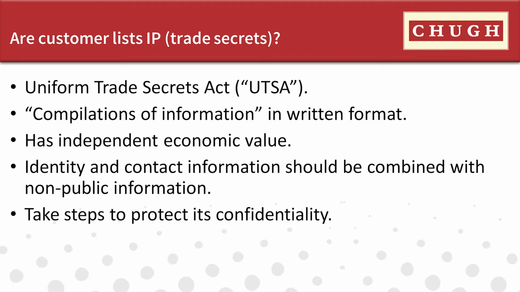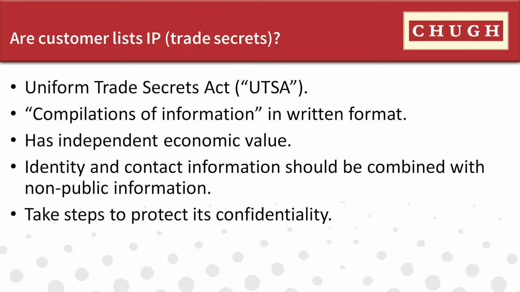It can't just be the basic identity and contact information. There has to be something else in there aside from just the name, the address, phone number. It should be combined with some non-public information.